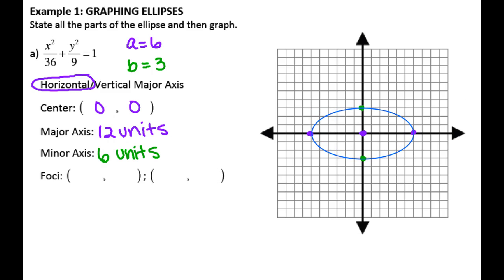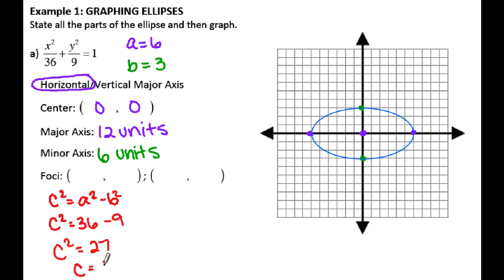We do still need to figure out where the foci are, because without your foci you wouldn't have an ellipse. To figure out your foci, you're going to use the formula c squared equals a squared minus b squared. A squared is your bigger number, so a squared is 36, minus b squared, which is 9. That gives me c squared equals 27.